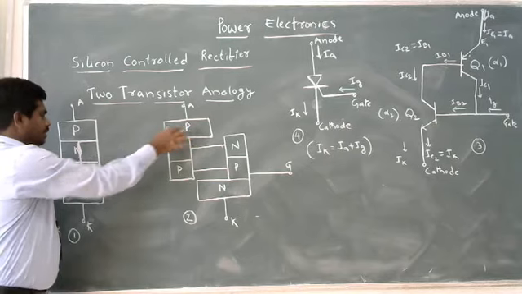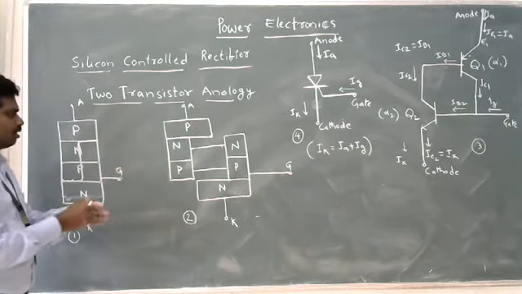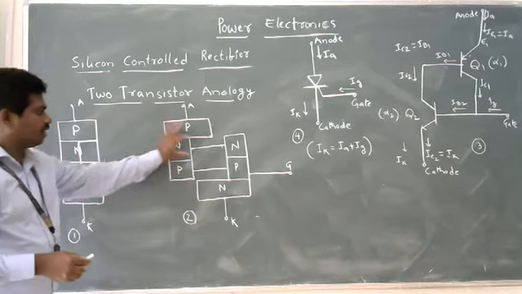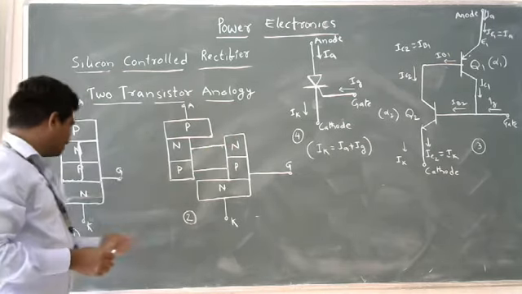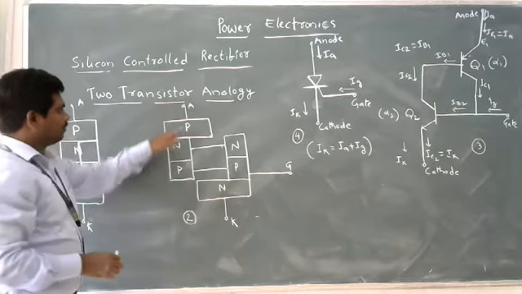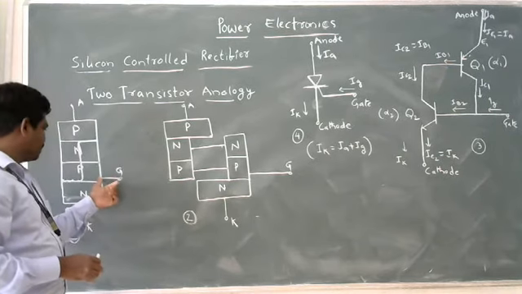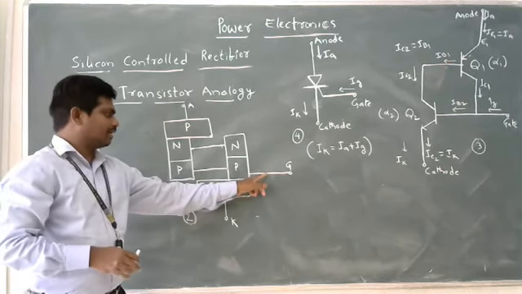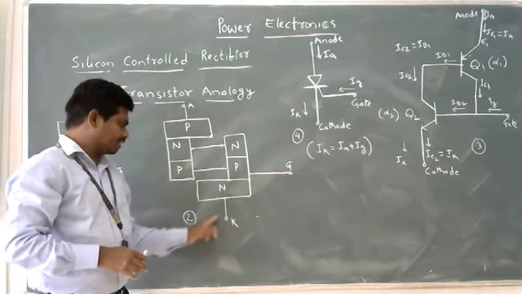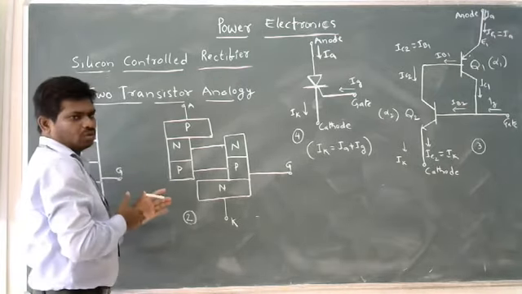These two, N and P, are going to be split into two parts. One part is this one, the other part is this one, and N comes as it is. This terminal is anode, this terminal is cathode, and this terminal is gate, this terminal is cathode. So I split this into two parts.